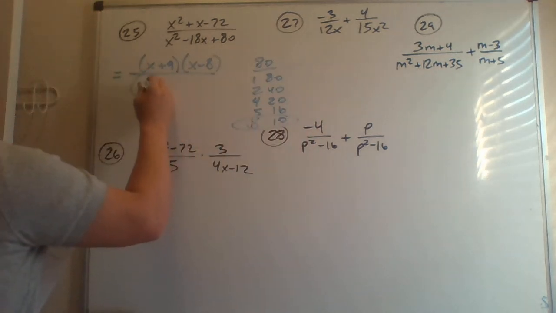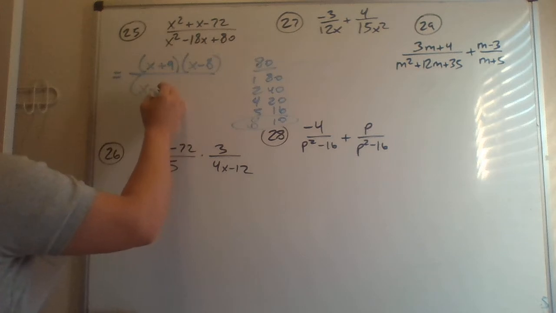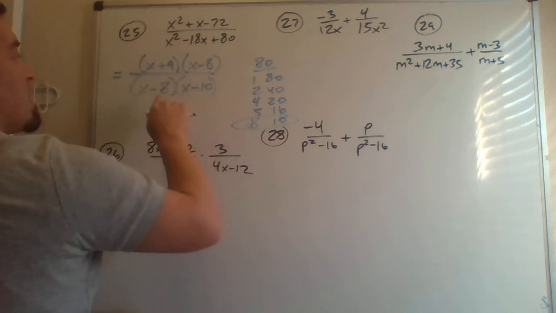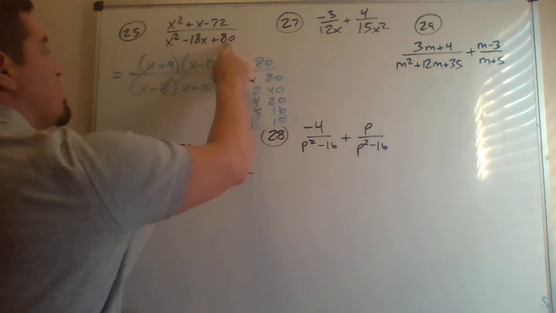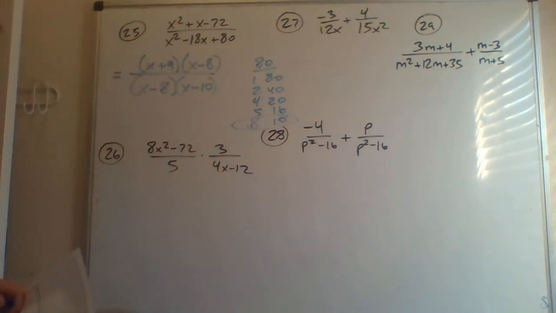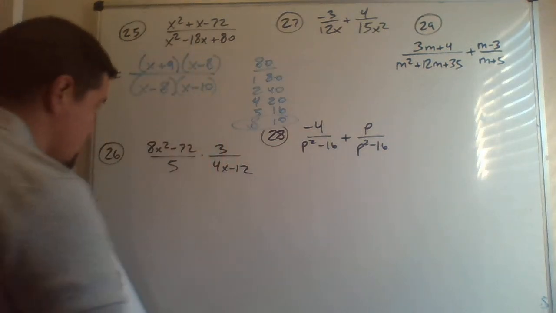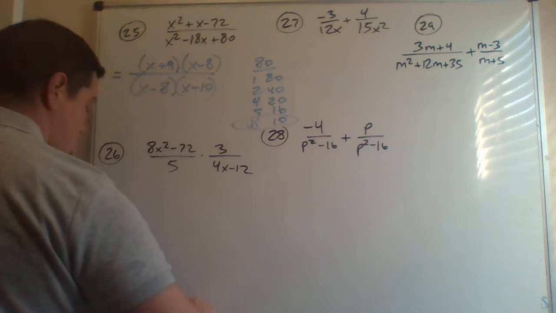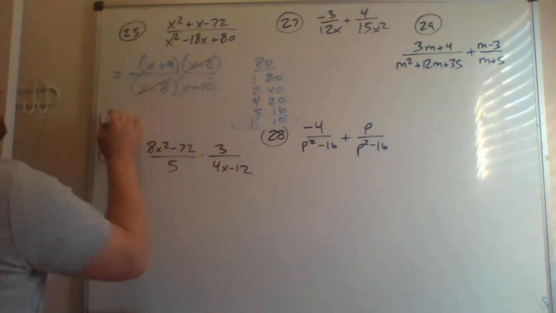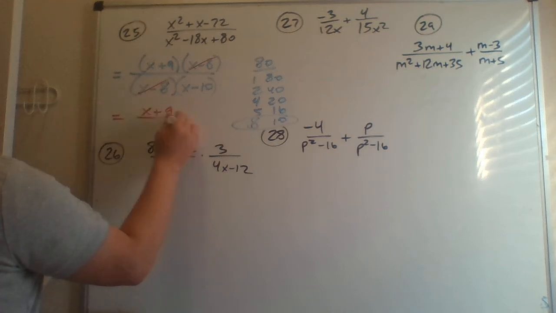So this will factor to x minus 8 and x minus 10. They both have to be negative because negative 8 times negative 10 is positive 80. Negative 8 plus negative 10 is negative 18. So now you should notice something cancels, right? So we'll cancel those out, and the remaining is our answer, x plus 9 over x minus 10.